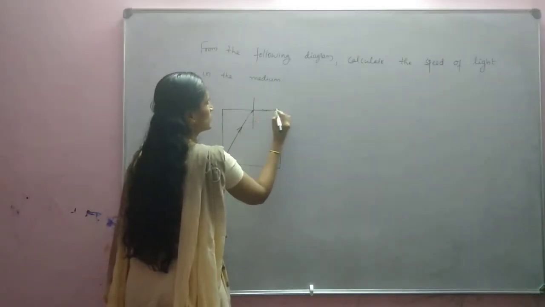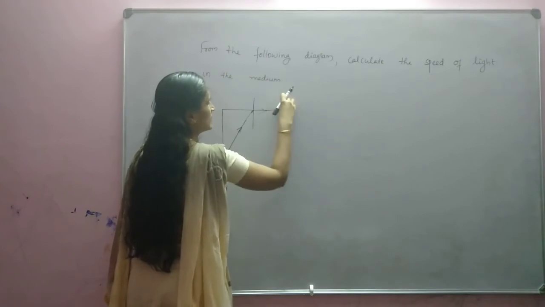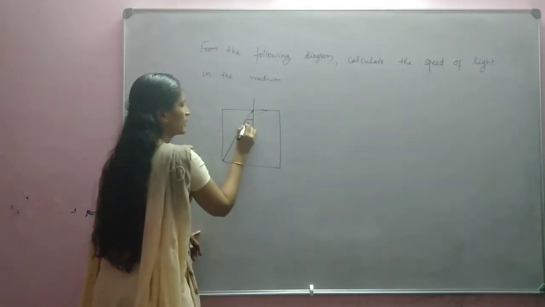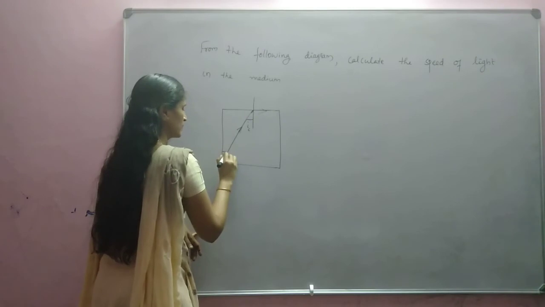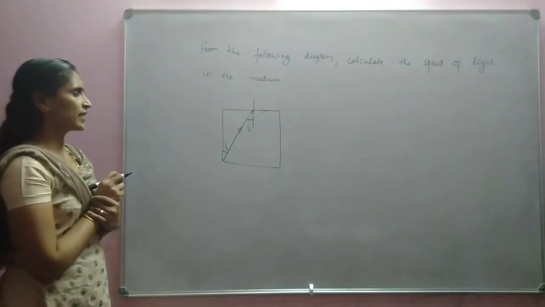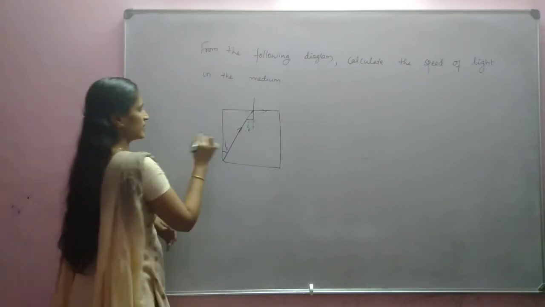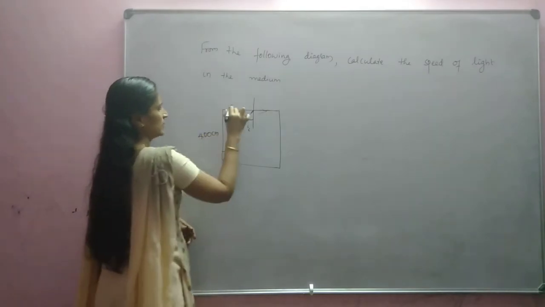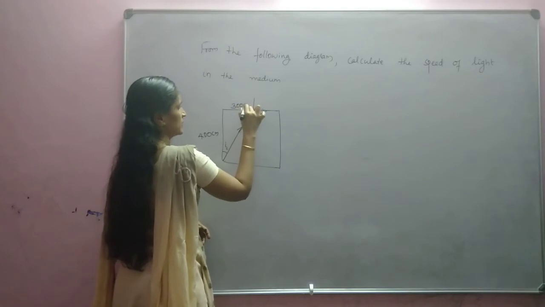Grazes through the surface means this is the surface, and this angle is given as I. This is the diagram. Here it is given that this is 400 centimeter and this is 300 centimeter.